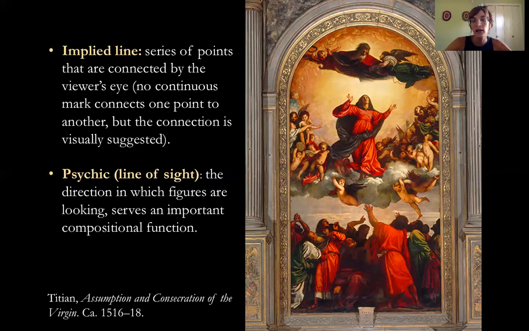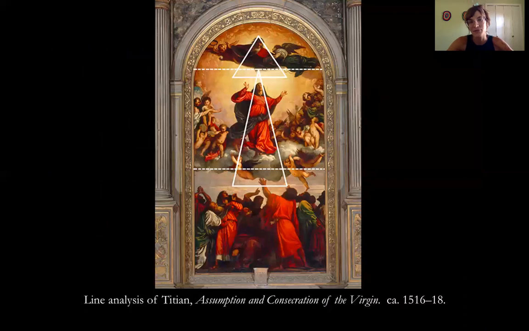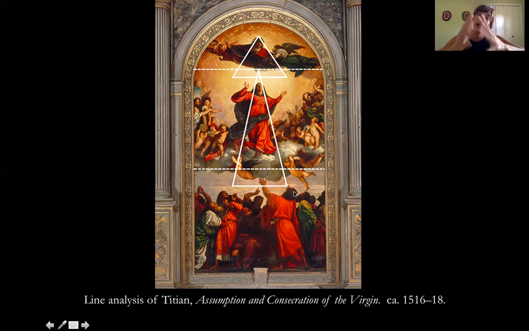Another way that we see implied line is through connections and gestures. The figures at the base reach up, so we want to look up. Mary reaches up, we want to look up, right? This is the way these things work. And then here's a diagram to help us think through it as well. Again, the division of the space into three, and also a triangular formation.